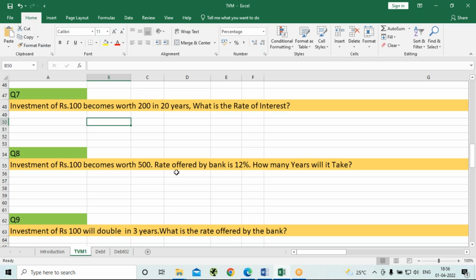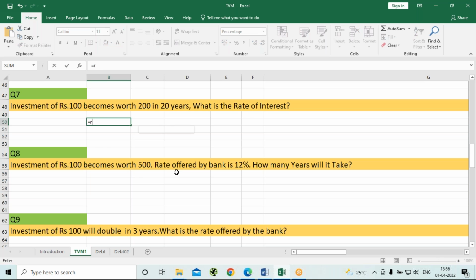So any one of the values we were having. So in case we have both FV and PV and we have a period n per, how to find out the rate of interest?